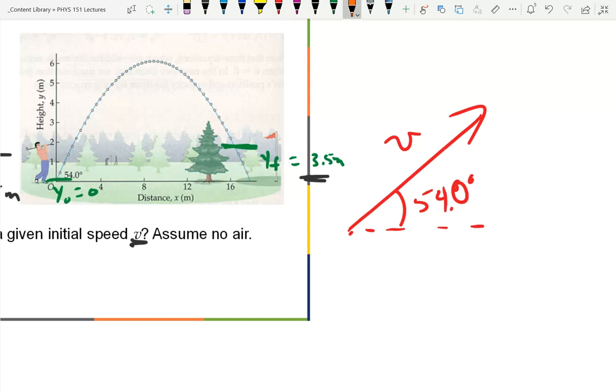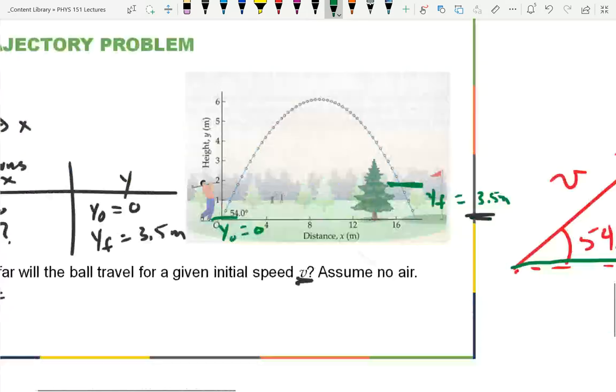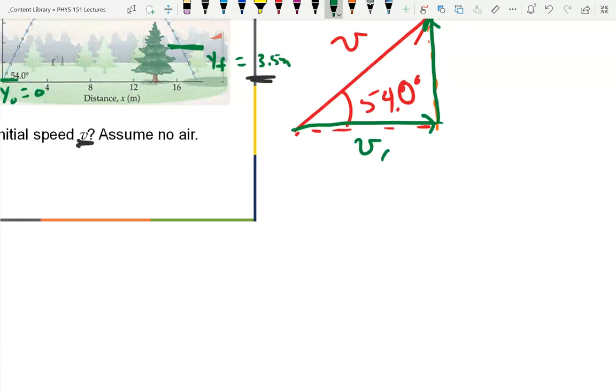Breaking into components, one direction that's parallel to y, one that's parallel to x. Remember, you have to have x component plus y component equal to the resultant, the vector I'm breaking up. So based on my xy coordinate system, this is the x component, this is the y component.